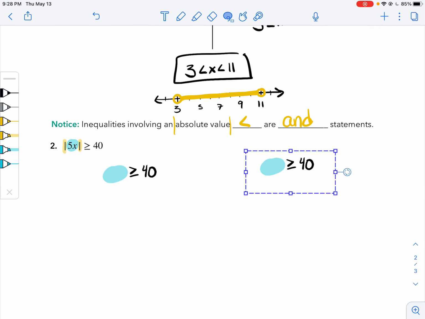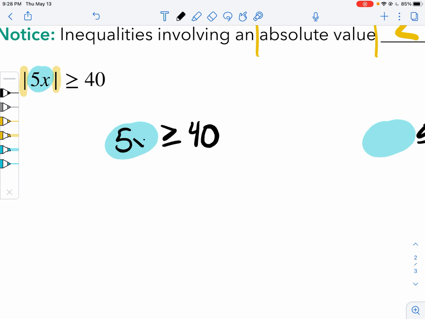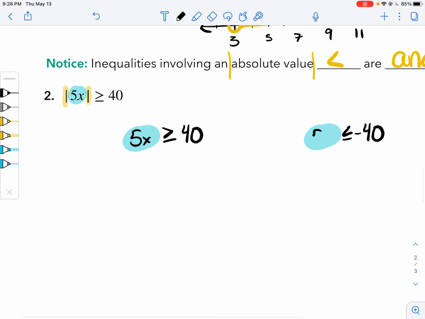Or the other way to be farther away from 0 is to make it less than or equal to negative 40. Whoa, crazy. So here we go. Either 5x is greater than 40 or 5x is less than negative 40.